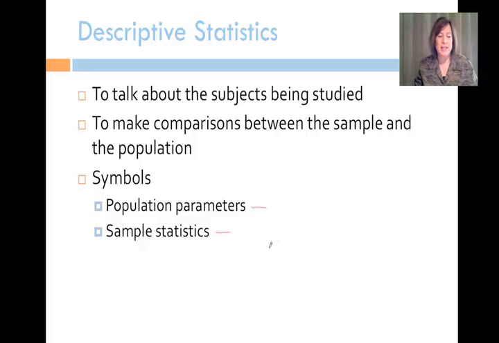You've already been seeing Greek letters. The parameters are typically Greek letters. And so if you see Greek letters, you're talking about the population, or the researcher's talking about the population. If you see Roman characters, they're typically talking about the sample. Okay, what do I mean by that?